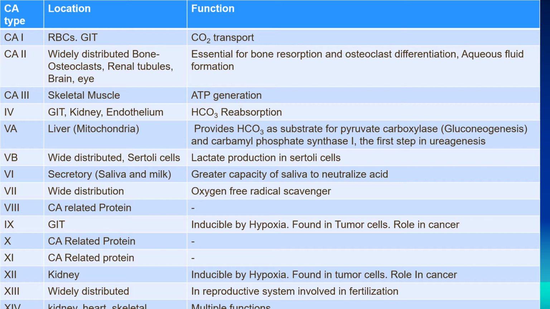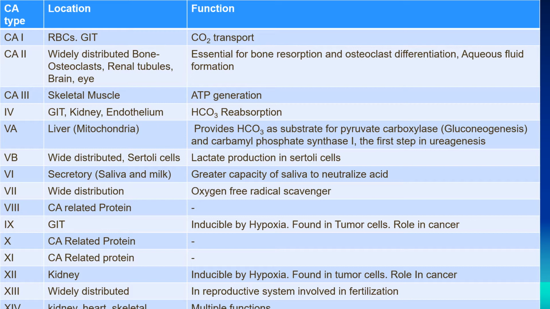Type 5, that is type 5 A and B, are mitochondrial. Type 5A is found in liver, and participates in gluconeogenesis and ureagenesis. Type 5B is widely distributed, and recently it is located in Sertoli cells where it controls lactate production.